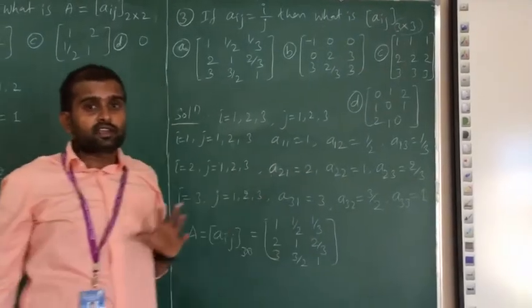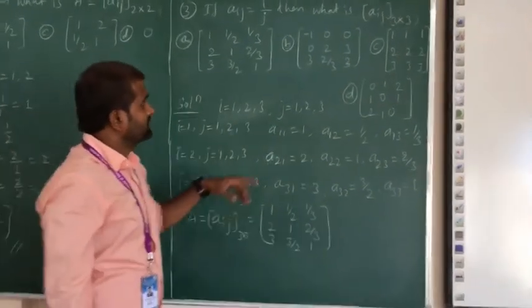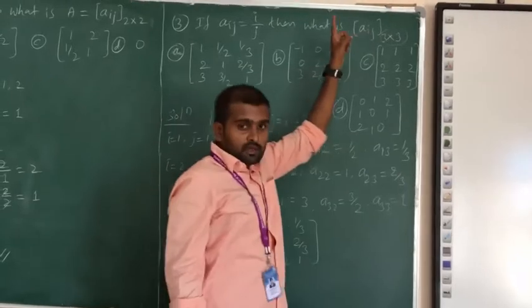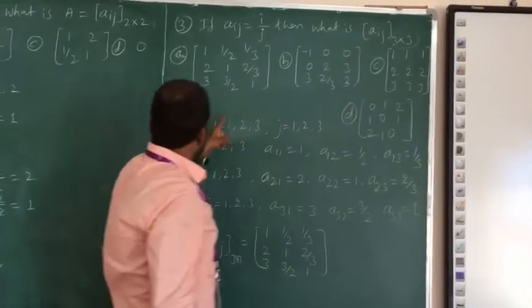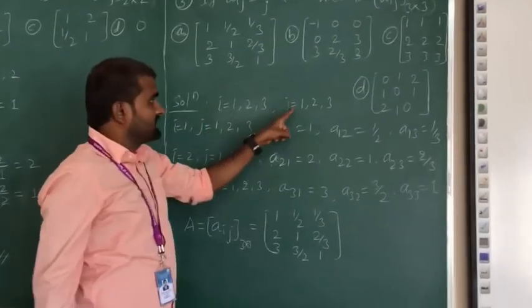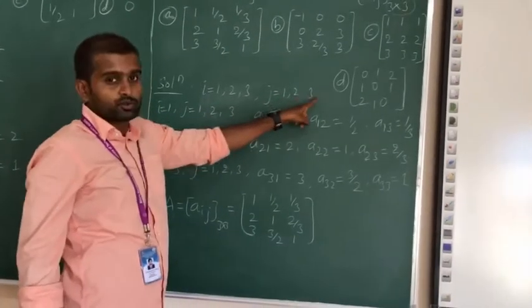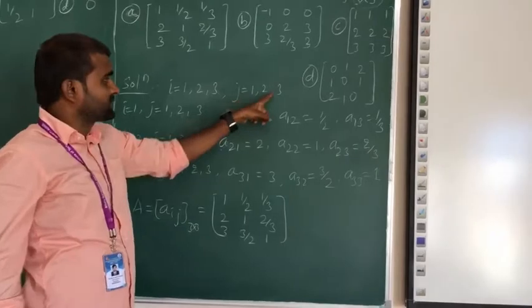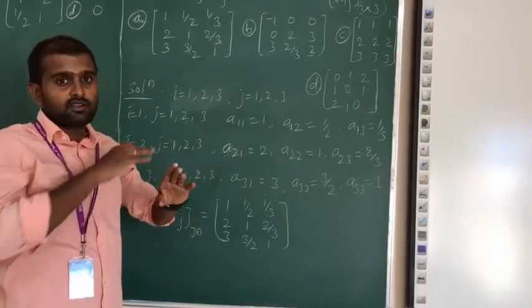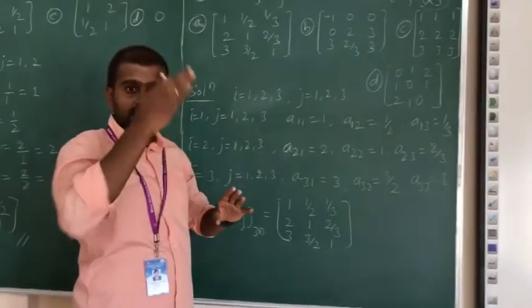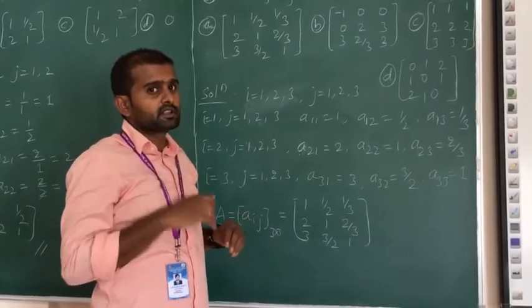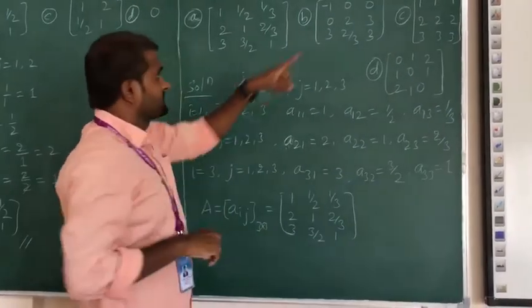If i is fixed 1, j varies 1, 2, 3; i fixed 2, j varies 1, 2, 3; i fixed 3, j varies 1, 2, 3. That is 3 rows and 3 columns.